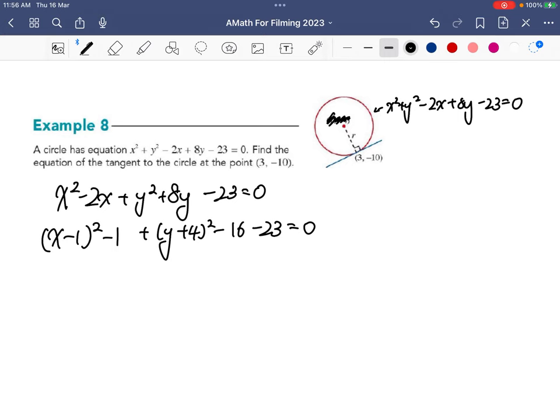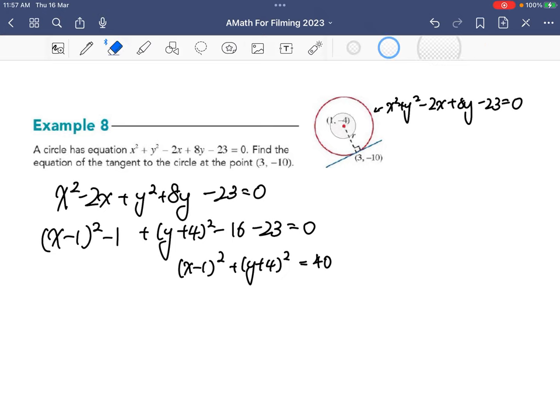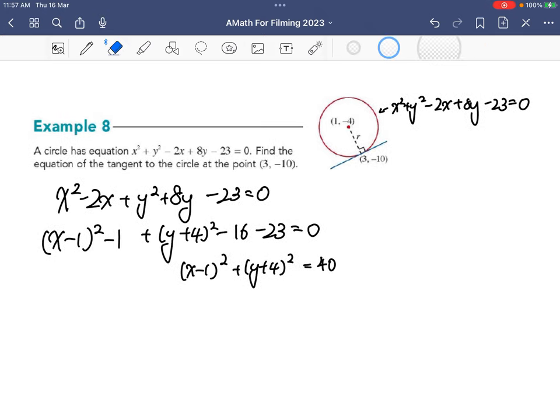If you simplify this, what I get is (x minus 1) squared plus (y plus 4) squared equals 40. The 40 we don't need to bother about, we can use it later. Now the center of my circle is 1 and -4. So I erase this, so I can see the center is 1 and -4.